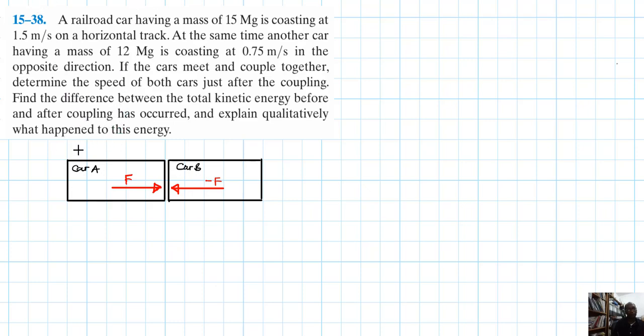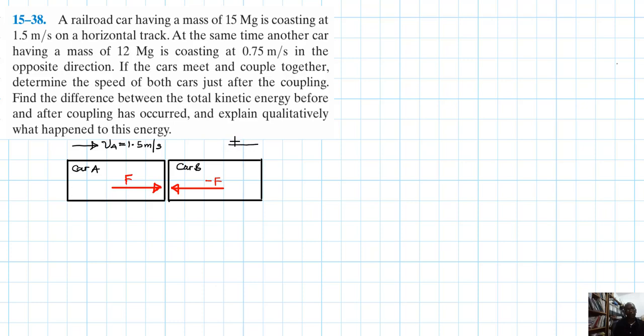So VA is equal to 1.5 meters per second.